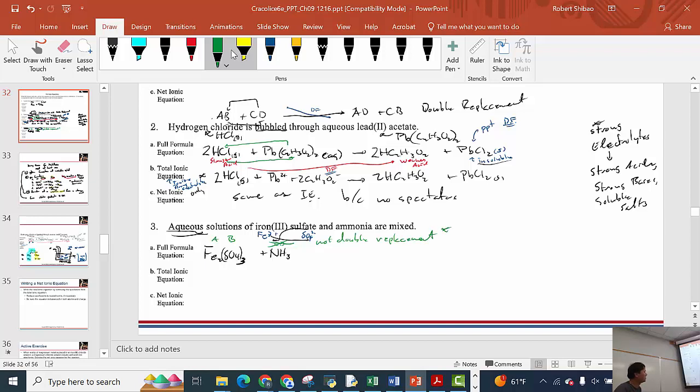Let me put a little asterisk here. This is number 3, and they made number 3 complicated. We should probably start off with something easier, but I don't know if we can, because we're just at number 3. Not double replacement as written.